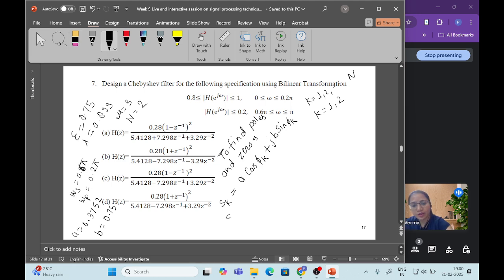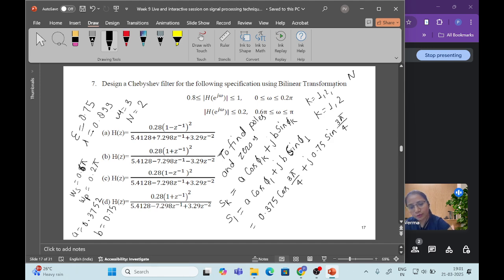So if we are putting k is equal to 1, for S1 we have the A value and B value we have calculated. So I'm just writing A cos phi 1 plus j B sin phi 1. Okay, so just putting all the values, A is 0.375, cos of phi 1, where phi 1 is 3 pi by 4, right, plus j, B value is 0.750, sin of phi 1, which is 3 pi by 4.